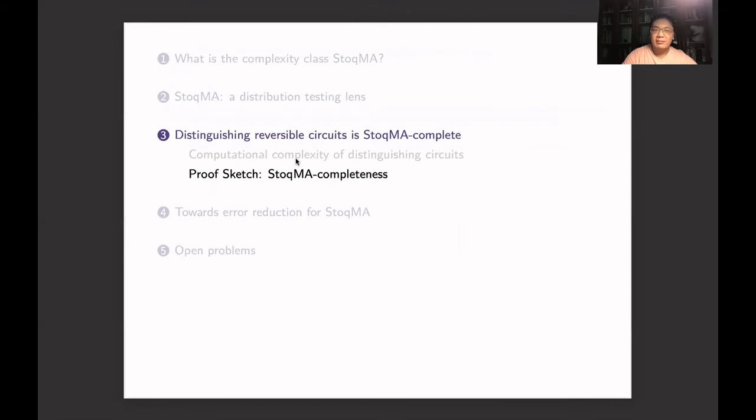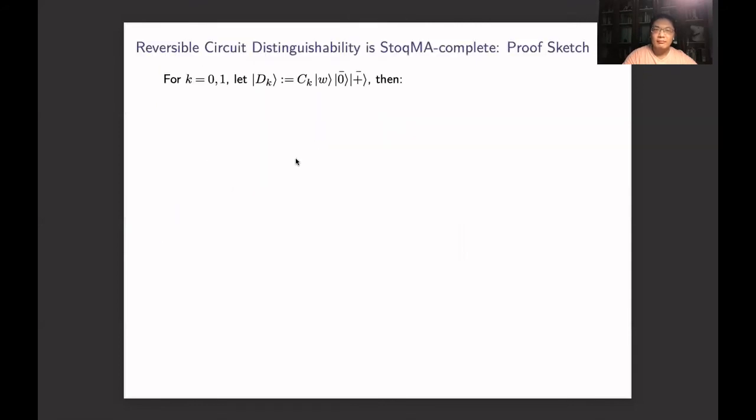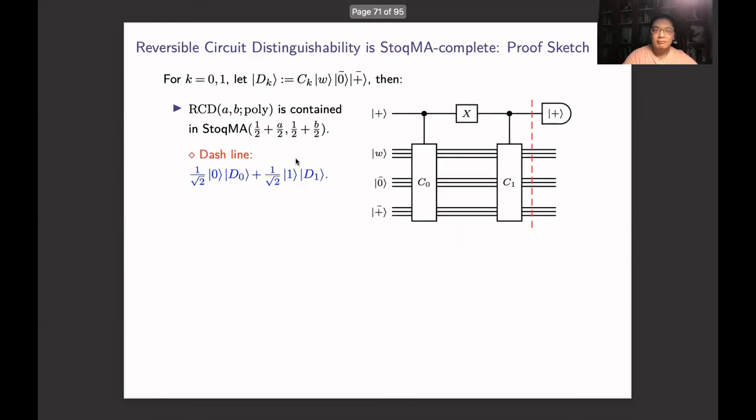Now let's prove the StoqMA completeness. For the proof, let's remember the Dk, where k is 0 or 1, defined by Ck applied on |W>, 0 ancillas, plus ancillas. So first we need to show RCD is contained in StoqMA. Here's the construction.